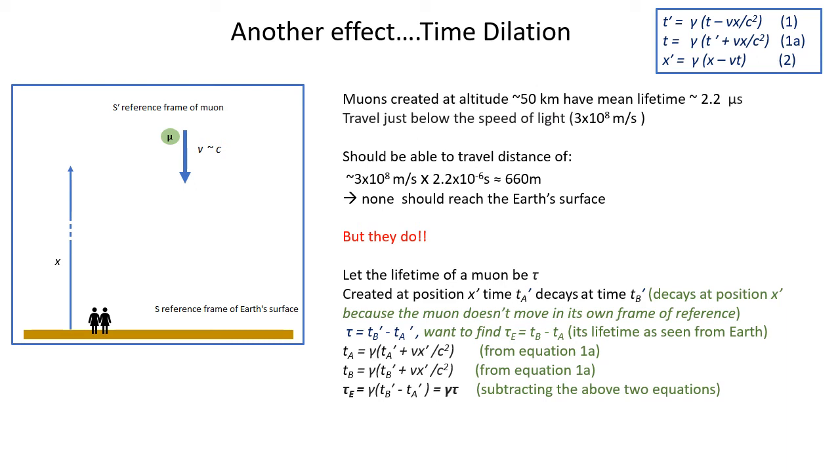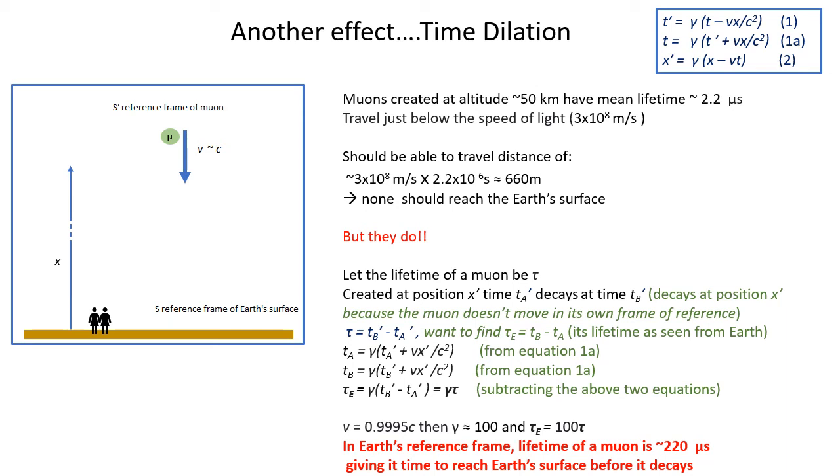So let's take an example. If the velocity of the muon is say 0.9995 the speed of light, then gamma is 100. In the Earth's reference frame, the lifetime of the muon is then 100 times longer than it is in a frame in which they're at rest, and this gives them time to reach the Earth's surface.